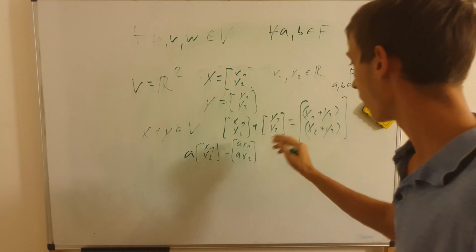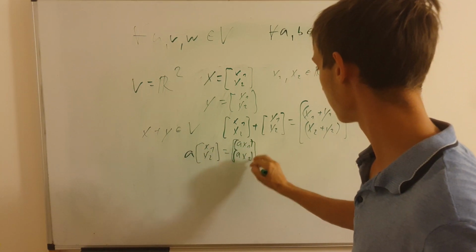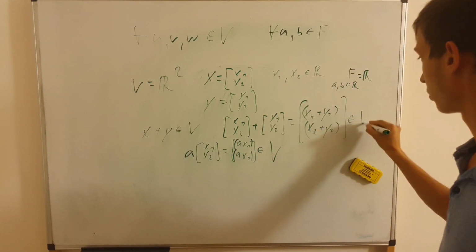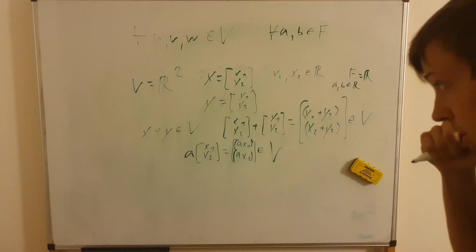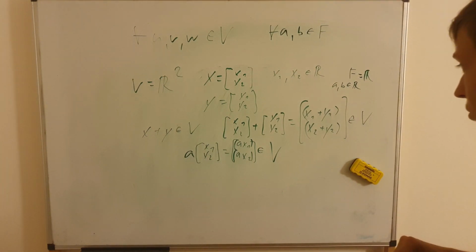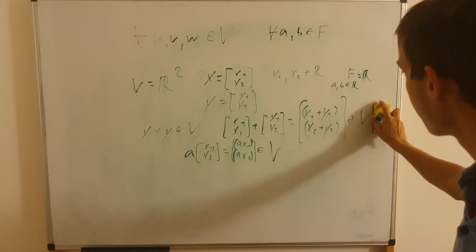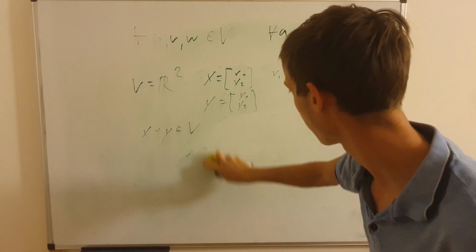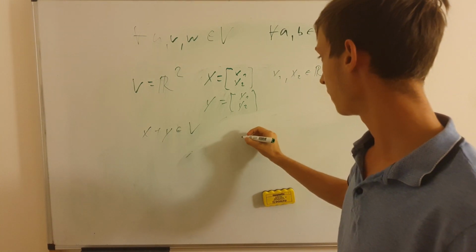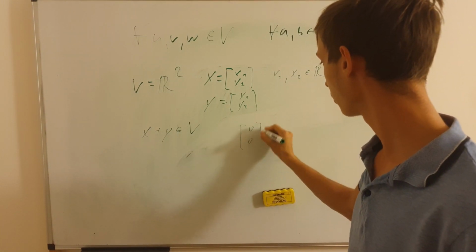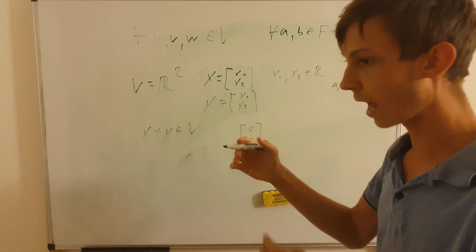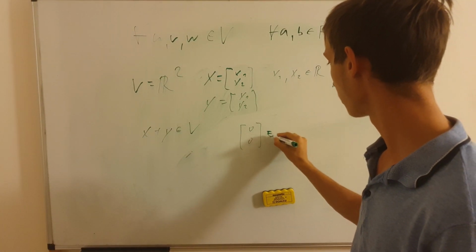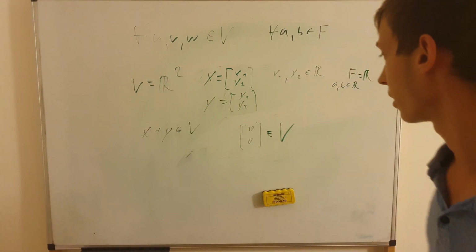That is still a real number, this is a real number, therefore this belongs to V. Alright, so scalar multiplication is closed in V, addition is closed in V. And those other things are also satisfied. For example, we won't go over all the requirements, but the vector 0, 0 with two real entries is the additive identity. And that does work out because 0, 0 is contained in this R2.